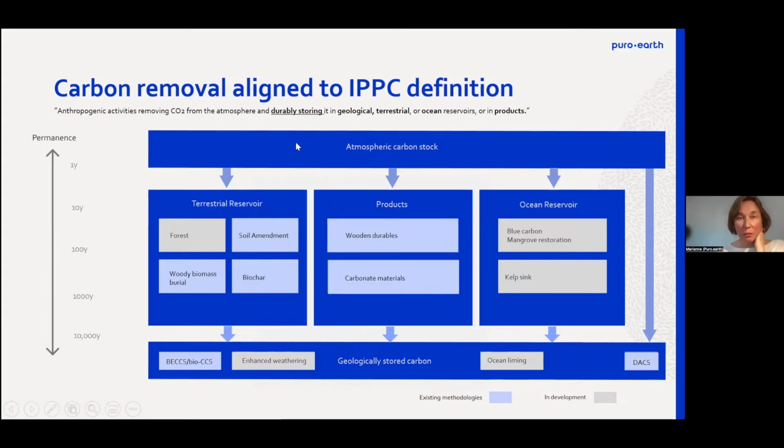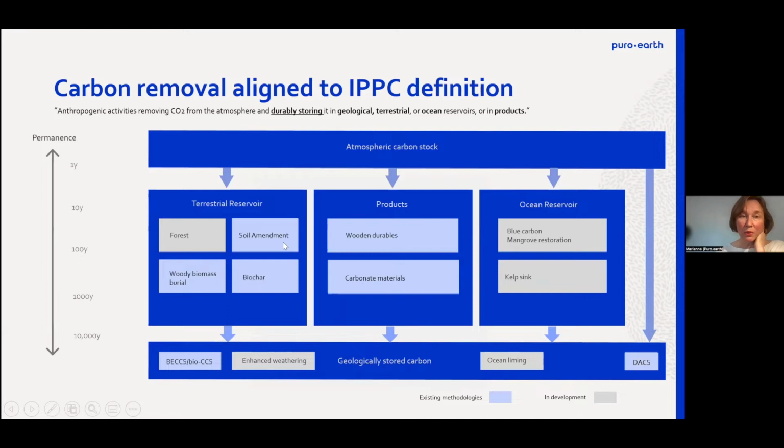So starting from the atmosphere and ending up in storages. We focus very much on the storages, and our methodologies are also often called by the name of the storage. So geologically stored carbon has the longest durability. Carbonated materials, enhanced weathering, ocean liming, which the ones in gray are coming, not yet there.